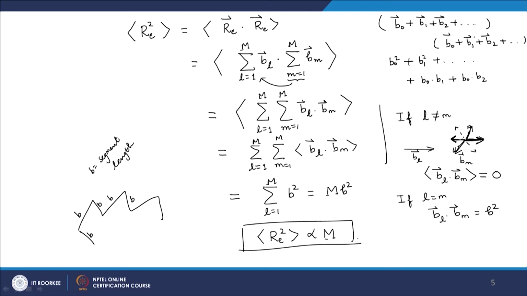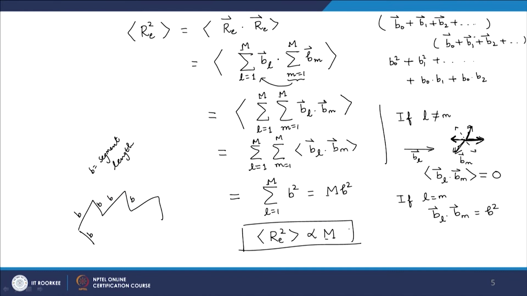And now, since we said that I am replacing a certain number of carbons by a segment, if the number of carbons increases, the number of segments also increases. So, just like I can say the mean R_E square is proportional to m, it also means mean R_E square is proportional to n, where n is the number of repeat units, since n by m is some constant.